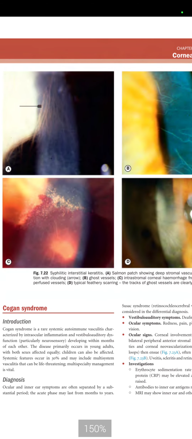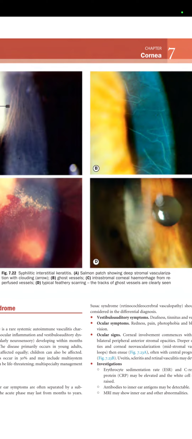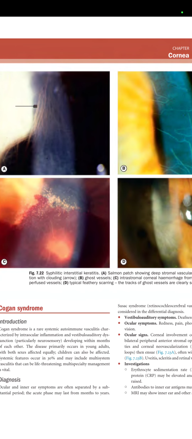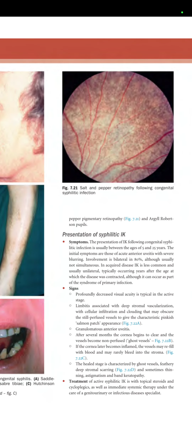So this is a syphilitic interstitial keratitis, a salmon patch showing deep stromal vascularization with clouding. So what is a salmon patch? Salmon patches are basically when there are perfused vessels.